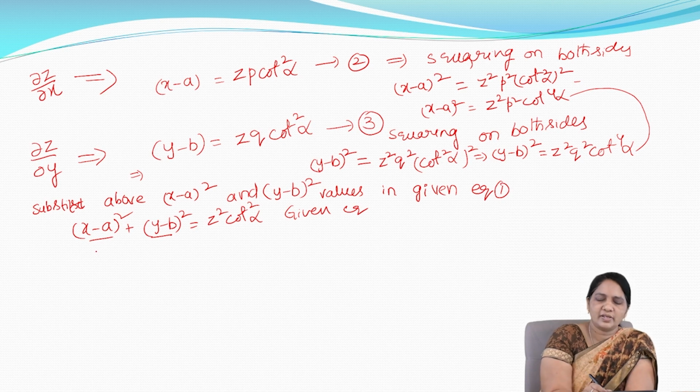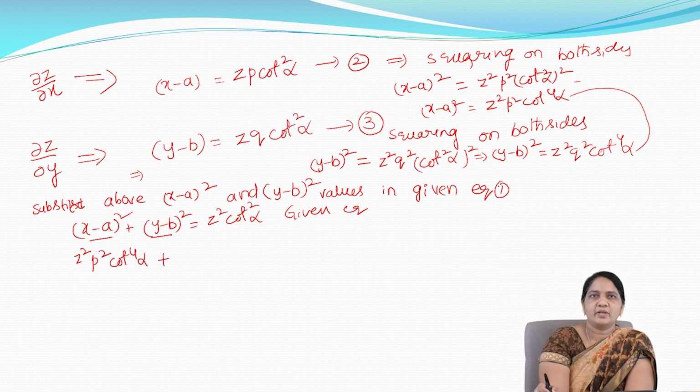So here x minus a whole square is z square p square cot power 4 alpha, plus y minus b whole square value is z square q square cot power 4 alpha, equal to z square cot square alpha.